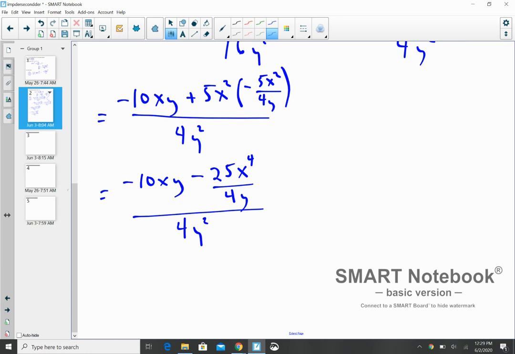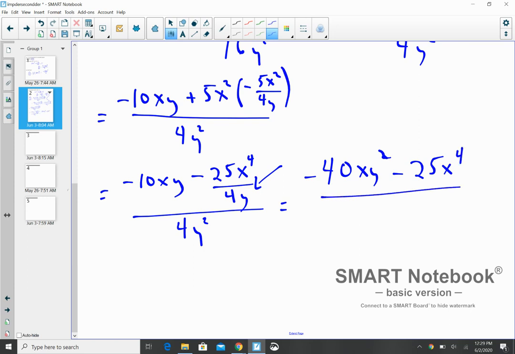So remember, you multiply in order to clean up the complex fraction. You're going to multiply everything by 4y, the LCD of the entire complex fraction part. So when we do that, just multiply this guy by 4. When you multiply the next piece by 4, it just makes it go away.